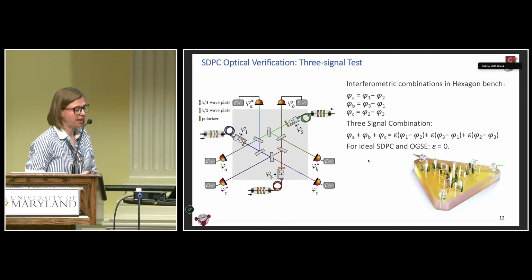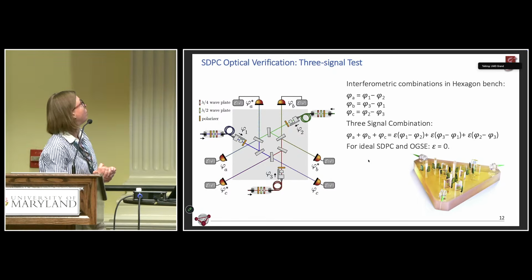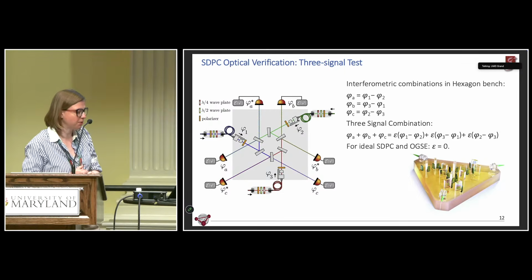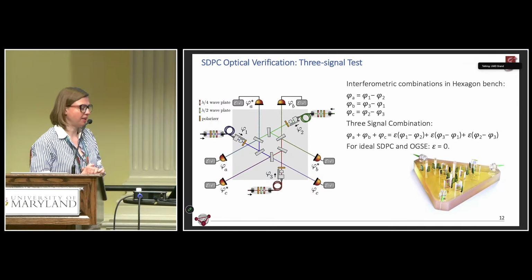And how do we actually measure, and what does the signal look like? We have 3 inputs here, 3 lasers coming to this optical bench. It's called hexagon since it has 6 beam splitters. And we generate a pair of 3 interferometers.